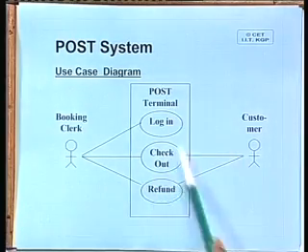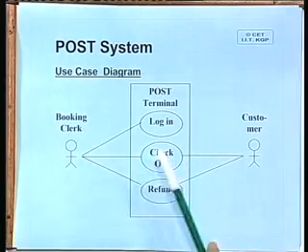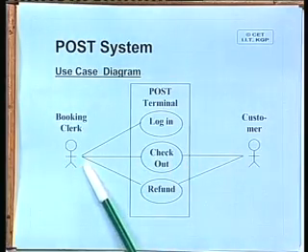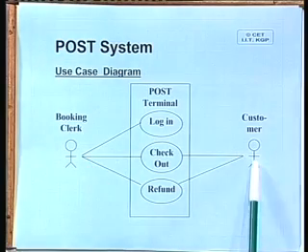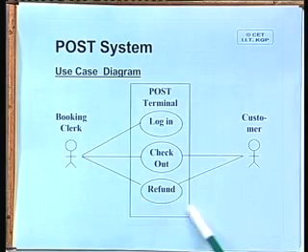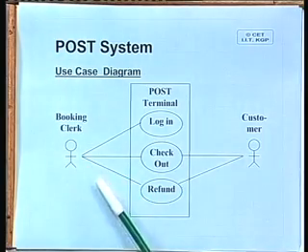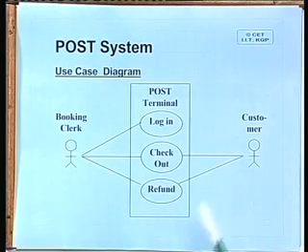The checkout, on the other hand, is something for both booking clerk and customer; both are involved. Whereas for the refund, we again have booking clerk and customer both involved, right?